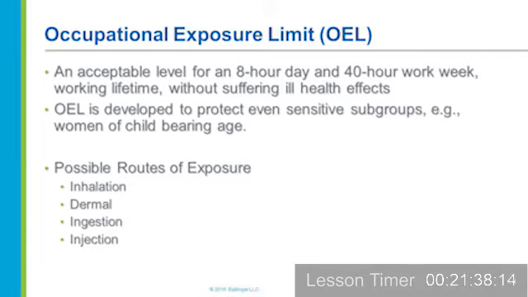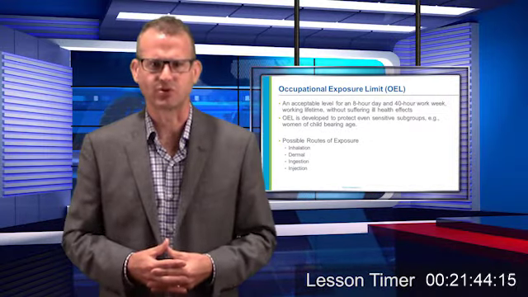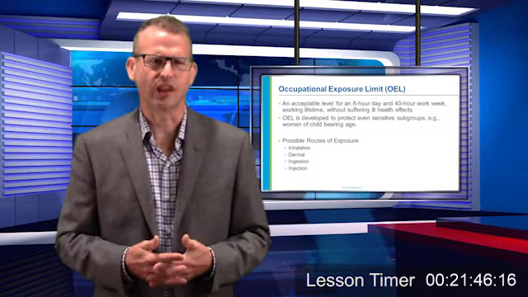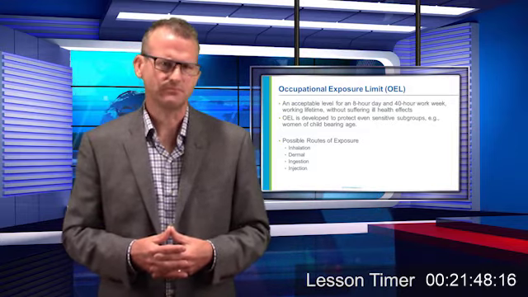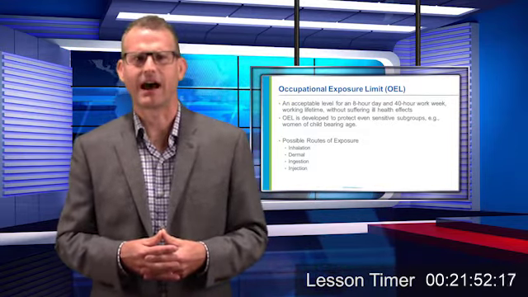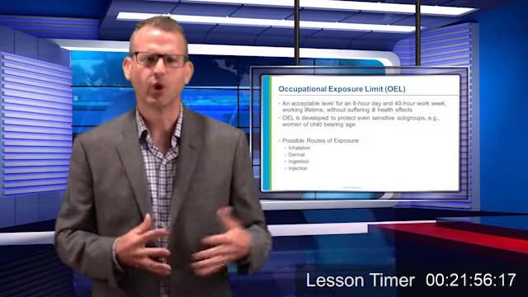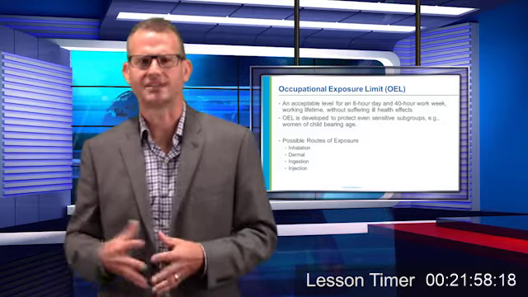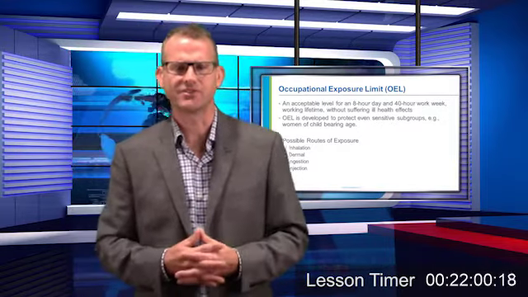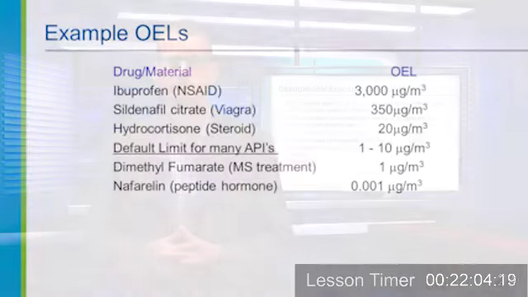Now, for our types of pharmaceutical equipment, we really only need to be concerned with the inhalation and the dermal exposures, as those are really the two most likely routes of exposure. The likelihood of a worker ingesting or injecting an API is far less likely in the workplace, and it could typically be controlled through workplace training, hand washing techniques, gowning operations, or maybe even some other administrative controls.